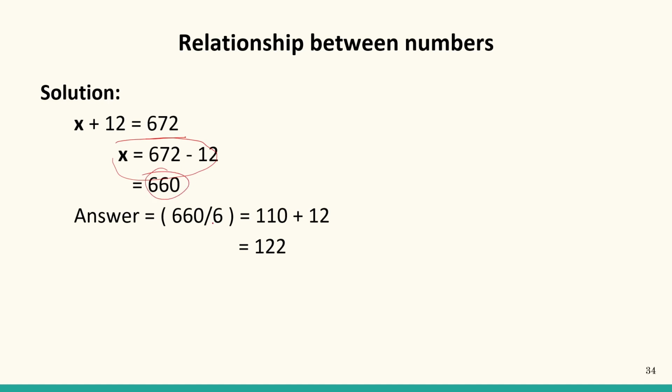So the original number is 660 by 6, which will be equal to 110, plus 12. That is 122. So this is the final answer.